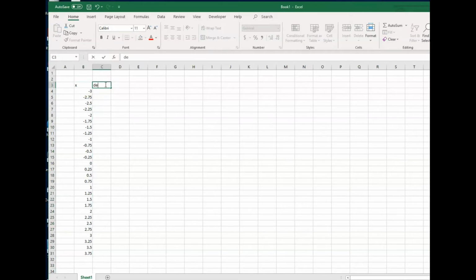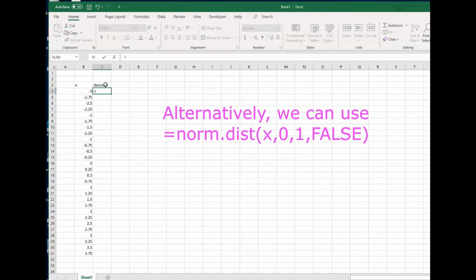The next one is density. For the density we are going to use standard normal. Again, for the standard normal, the mean is 0, standard deviation is 1.